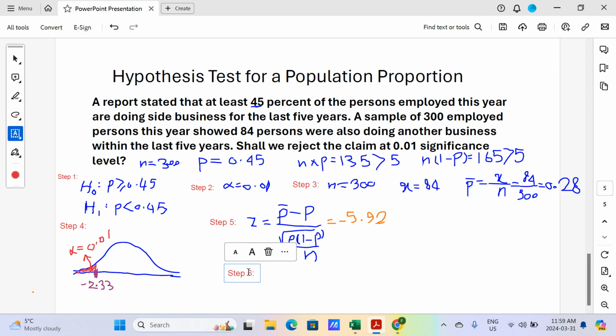So let's write the conclusion. The z value of p bar falls within the reject region.